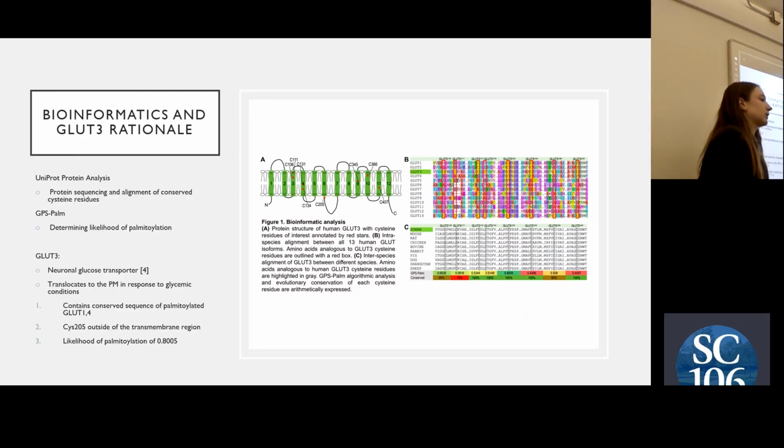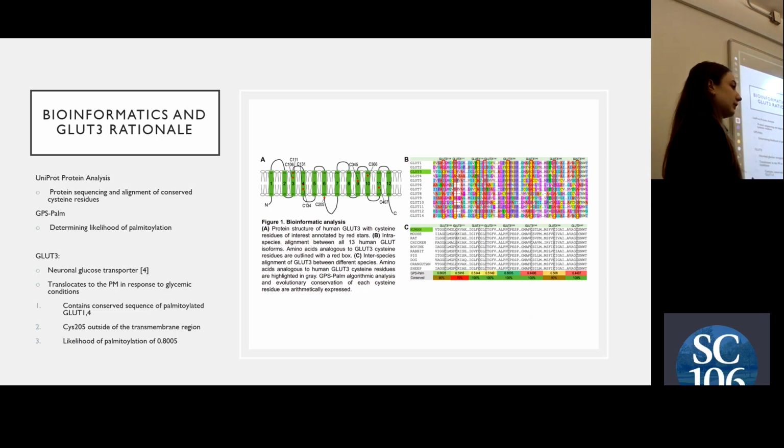Then we began to look at the class 1 GLUTs as well. We looked at GLUT2 and GLUT3, and we ran bioinformatics to determine what would be the next best GLUT to test for palmitoylation. Via UniProt protein analysis, we were able to sequence these genes, and we ran through the sequences of all the GLUT class family glucose transporters and found a conserved region of the cysteines that were known to be palmitoylated in GLUTs 1 and 4.